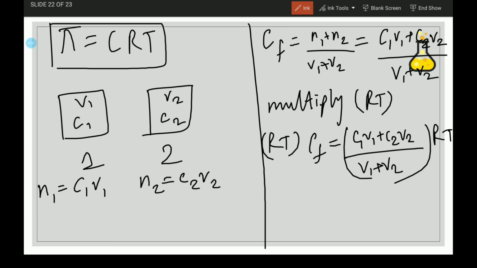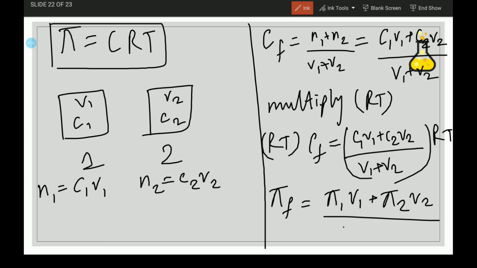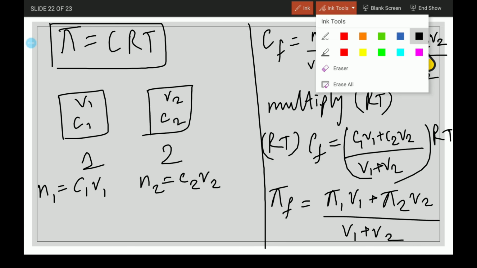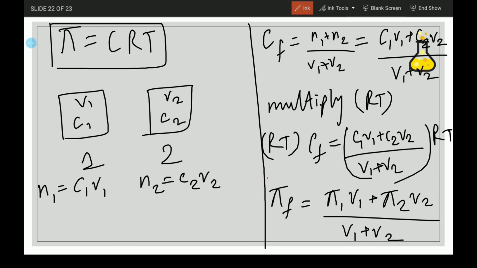We can see the quantity on the left hand side is nothing but pi final, or the final osmotic pressure, pi F. This is equal to C1 RT into V1, that is pi 1 V1, plus pi 2 V2 upon V1 plus V2, and hence we can find the combined osmotic pressure if two or more solutions are mixed together.